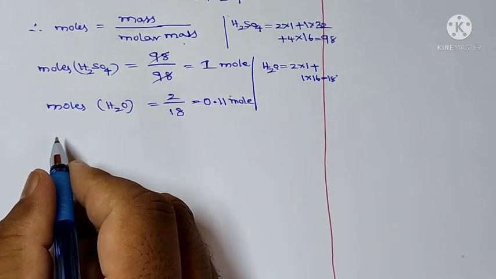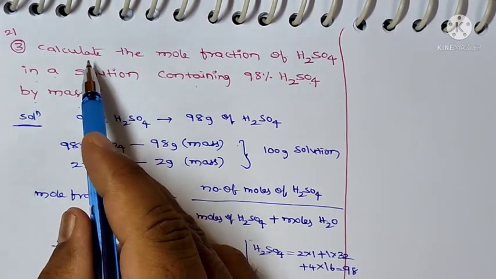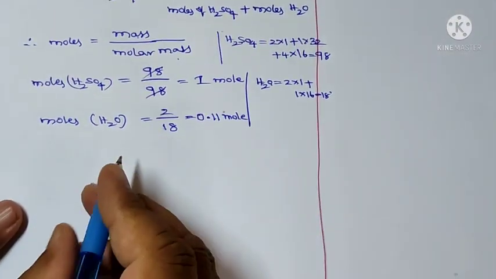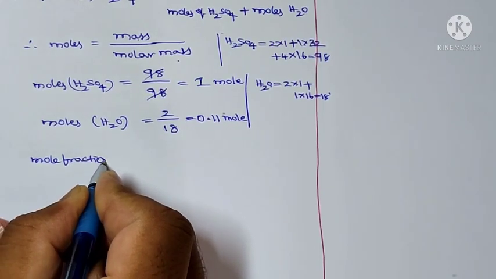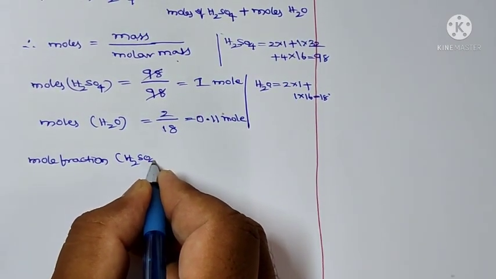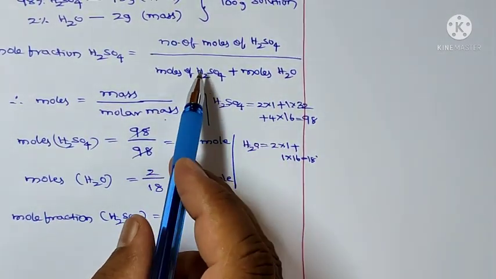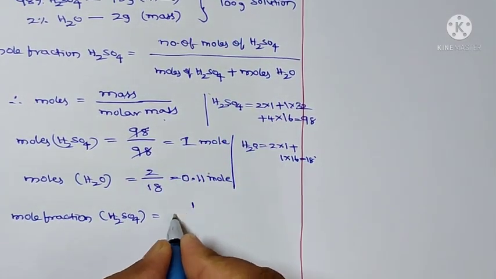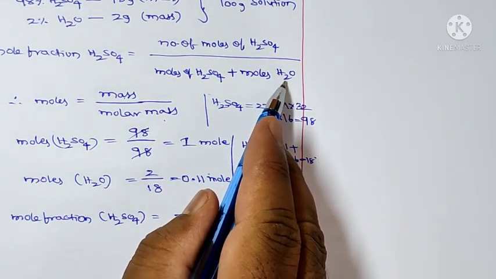Now the mole fraction of H2SO4. In the question, what do we have to find out? Calculate the mole fraction of H2SO4. So the mole fraction of H2SO4 is equal to, the formula is, number of moles of H2SO4, 1, divided by number of moles of H2SO4 plus number of moles of water.